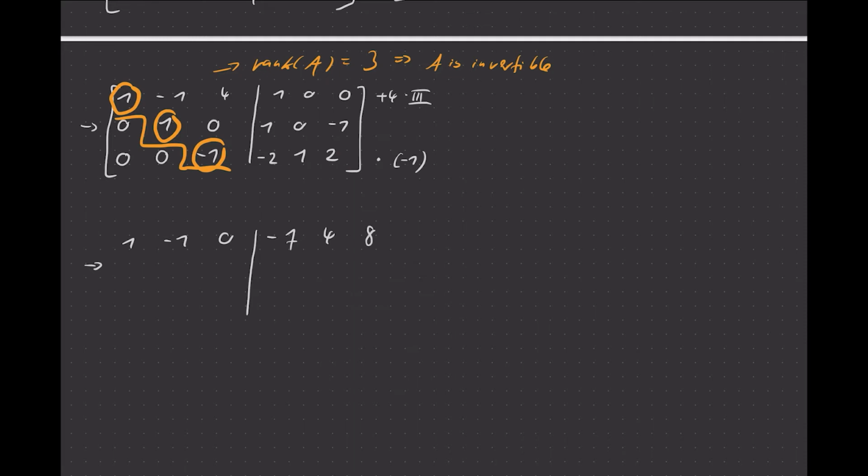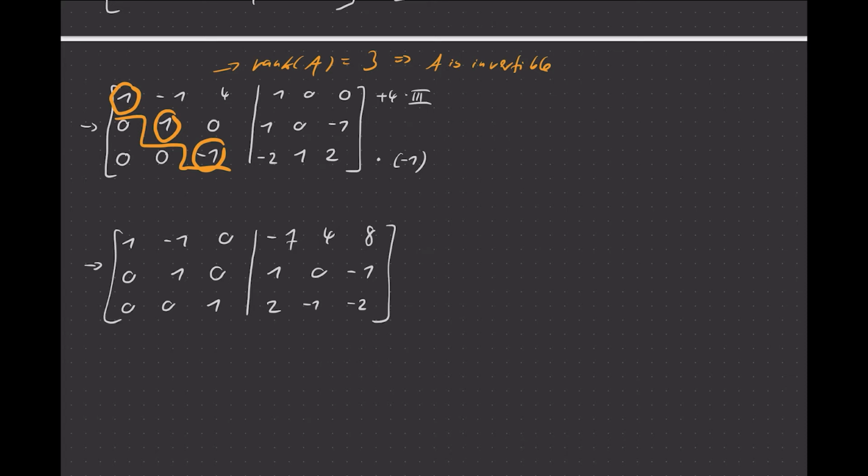That's our new first row. The second row doesn't change, so we can copy that. And the third row, we multiply that by -1, so we get 0, 0, 1, 2, -1, -2.